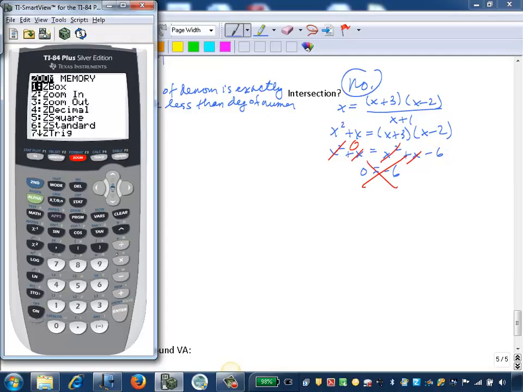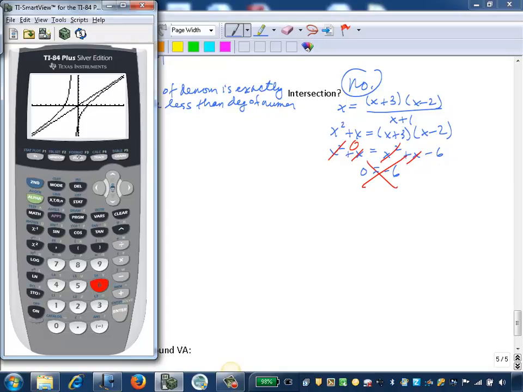So I'll graph on a standard viewing window, zoom 6. There's our graph of our function, and then there's the graph of the line y equals x. So I want to show you this when we're in the standard viewing window.